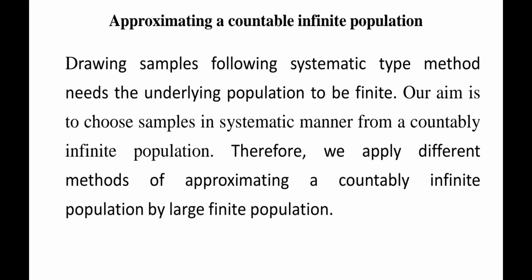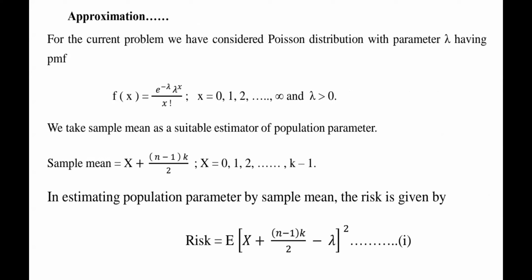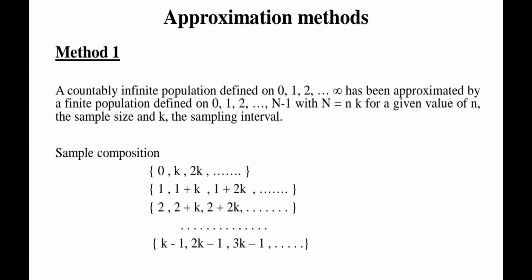In doing so, we have approximated our countably infinite population by a finite population. For this approximation we have suggested three methods: method 1, method 2, and method 3. The underlying population in this paper has been chosen to be Poisson distribution.